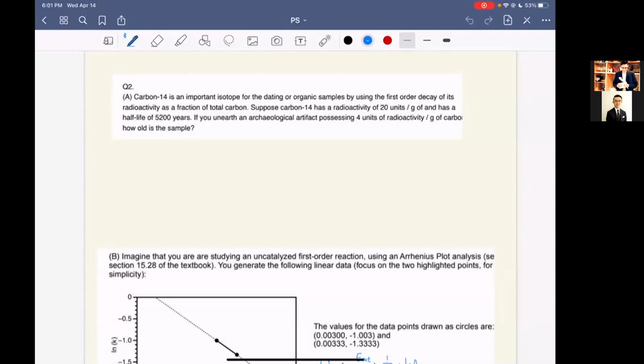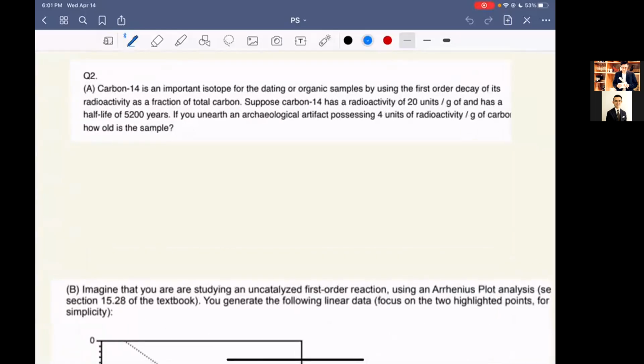Since it's a first-order reaction, the integrated rate law is: concentration of the reactant equals the original concentration times e to the power of negative kT. We also know that the rate constant k is equal to log 2 over the half-life.